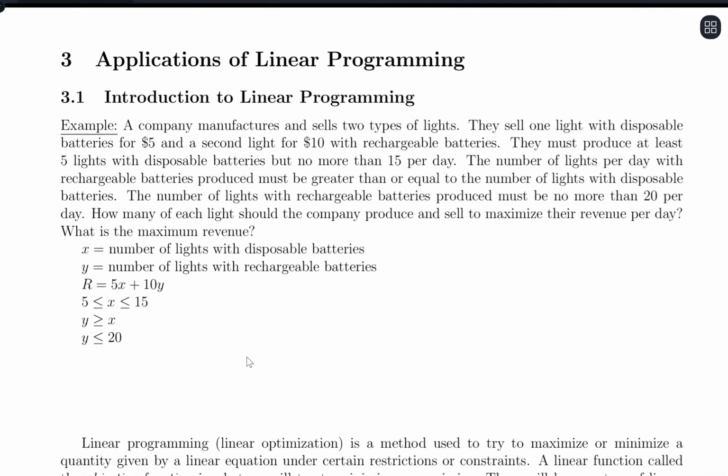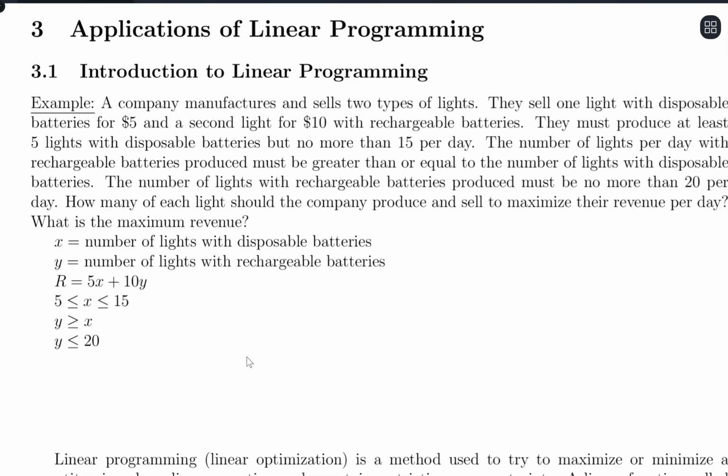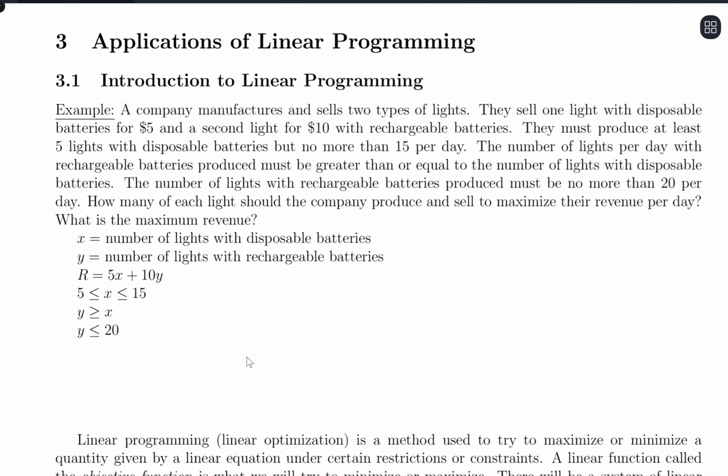So let's just talk through this setup without actually solving it, just this word problem and what's coming through. So we have a company that manufactures and sells two types of lights. Typically that'll be the case where we have these two scenarios because we'll have an X and a Y. They sell one light with disposable batteries for $5 and a second light for $10 with rechargeable batteries.